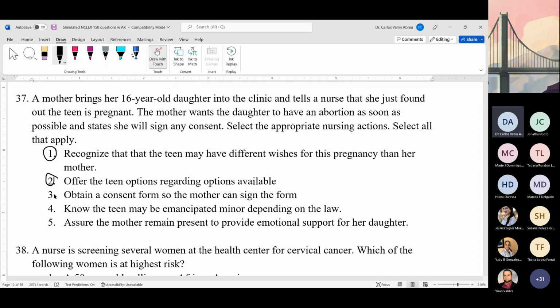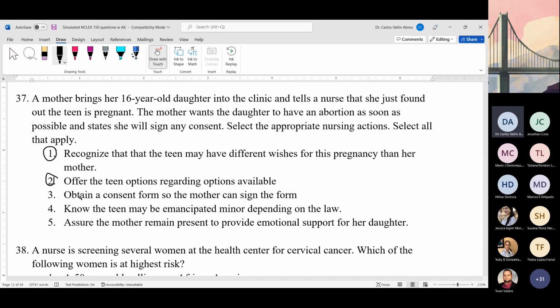But if the minor wants to keep the baby and the parents want to make her abort, then the court will protect the minor and the life of the upcoming baby, no? So this is the stuff.